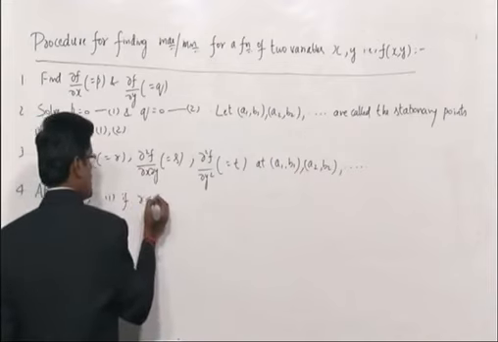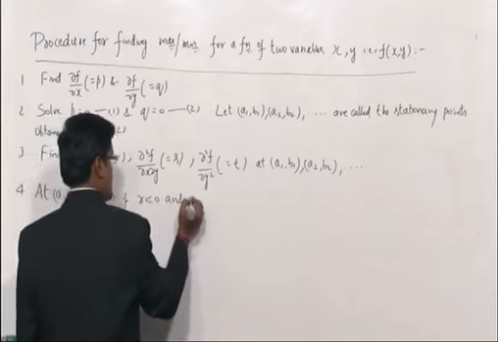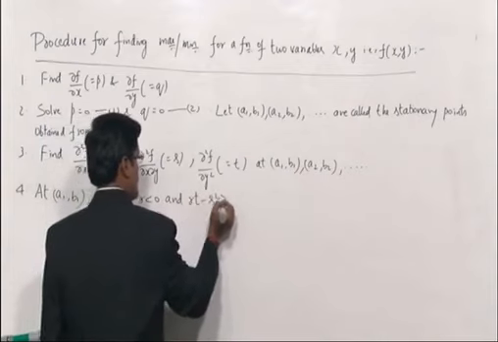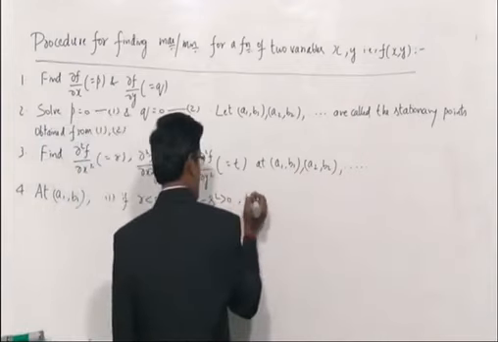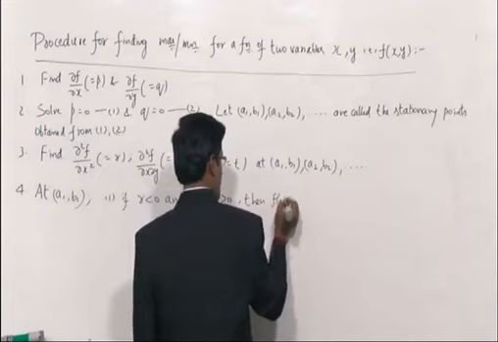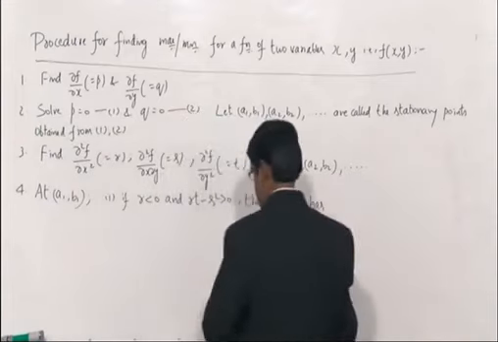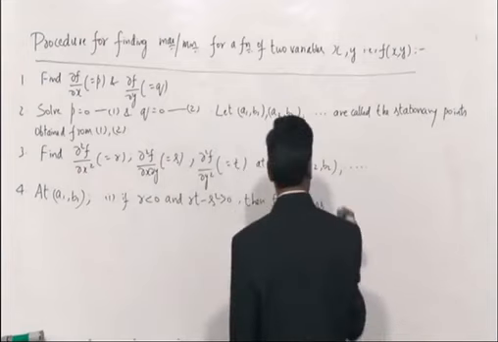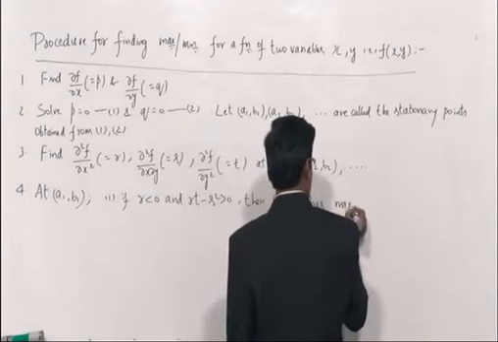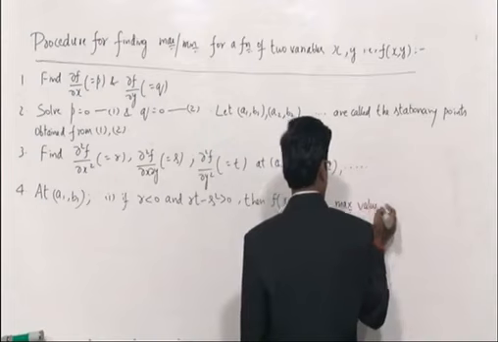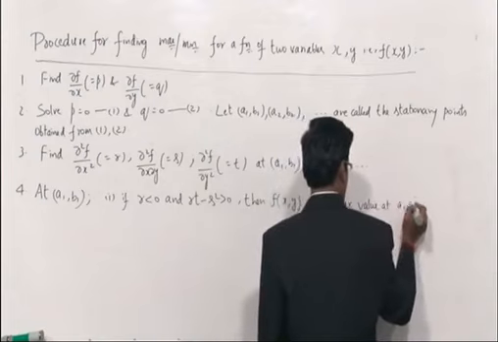If r less than 0 and rt minus s square greater than 0, then f of x comma y has maximum value at a1 b1.